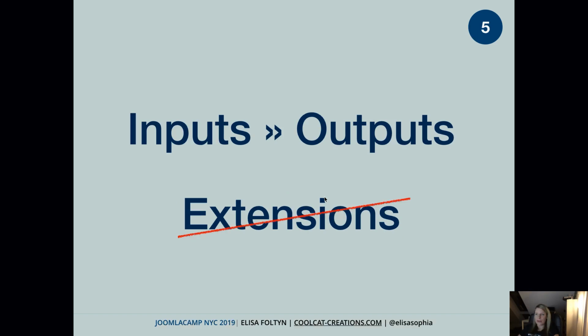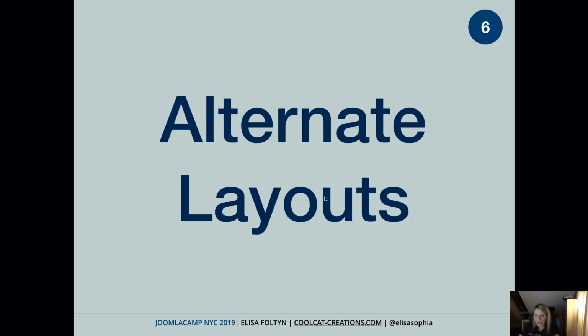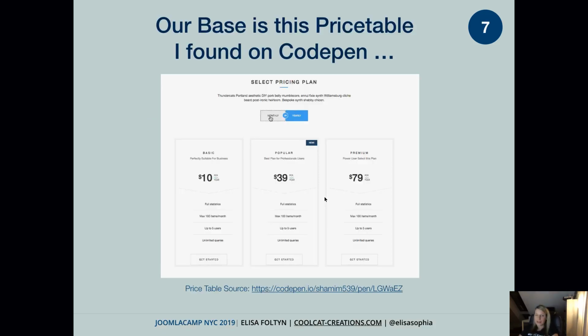But if you want just to show inputs in a special way, Joomla Core has a lot of input fields, and you can add even more input fields with custom fields. So you don't need any extensions for such tasks, for such layouts. You can create alternate layouts for that. And I will show you how I would solve such a question or such work in Joomla.